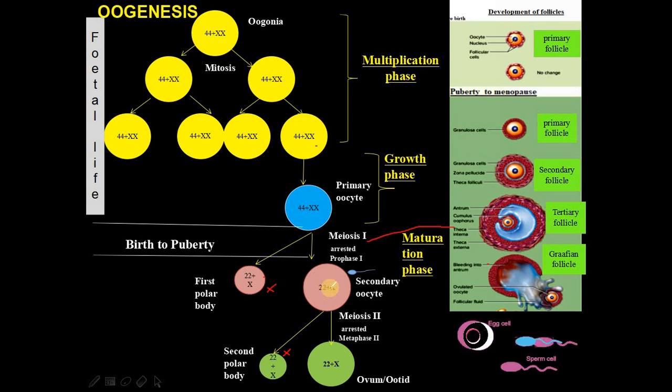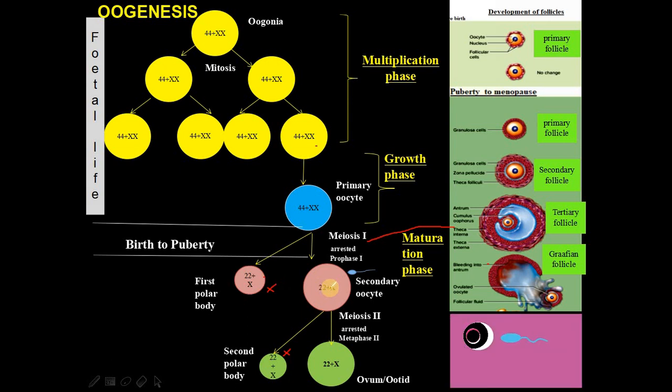The secondary oocyte in the tertiary follicle starts its meiosis 2 and gets arrested at metaphase 2, and completes its meiosis 2 only if it is fertilized by the sperm.